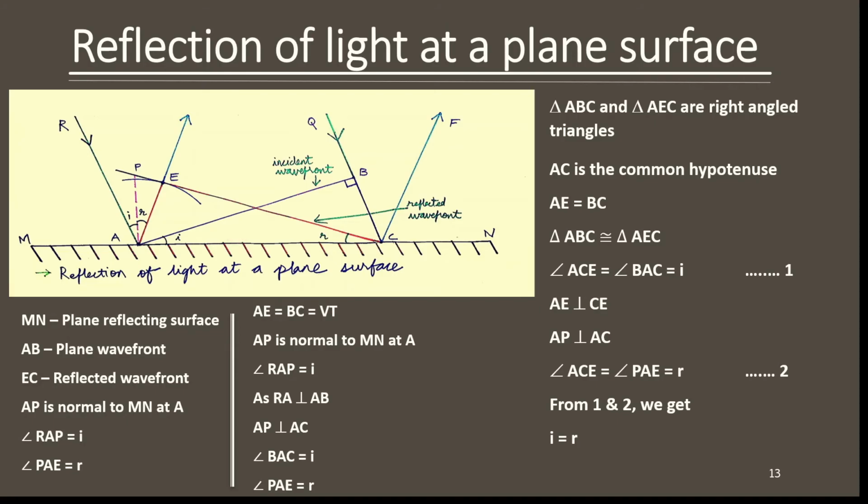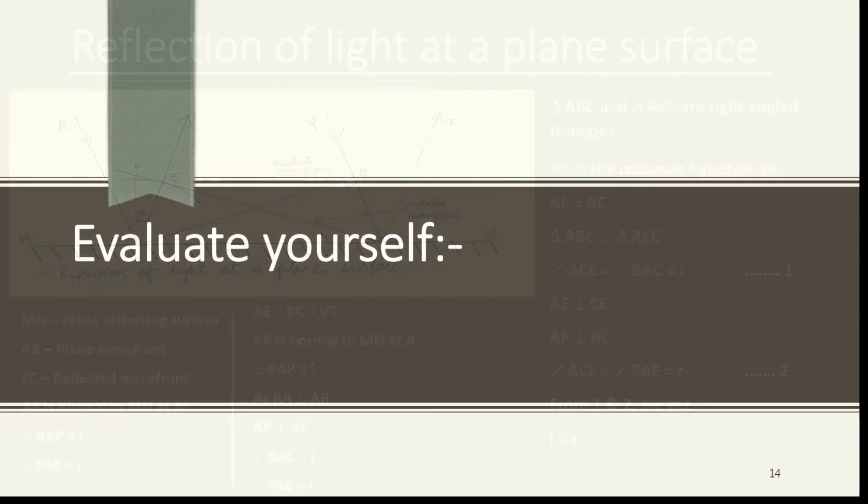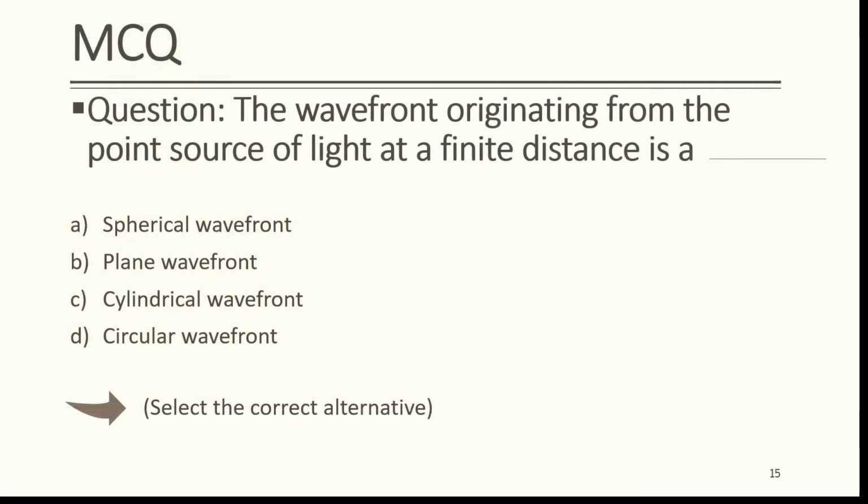Now it's time that we test our understanding of what we have covered so far and apply that to the next set of questions. So we have very easy questions at hand. It is an MCQ.